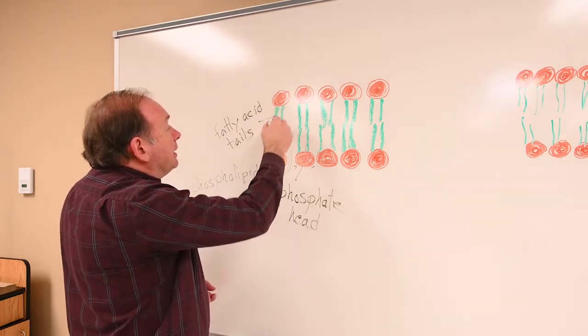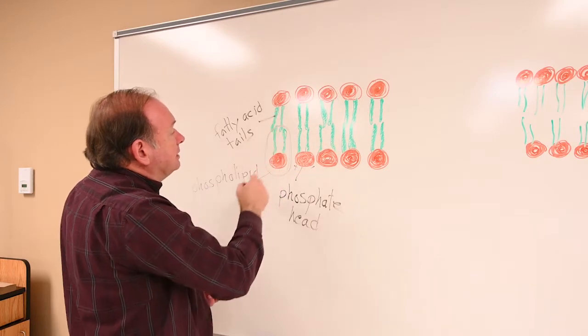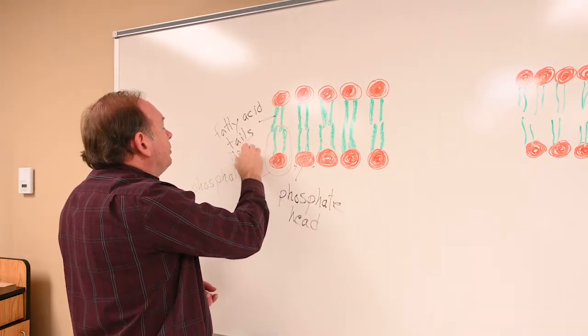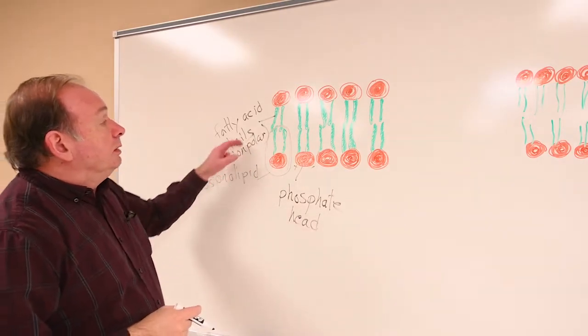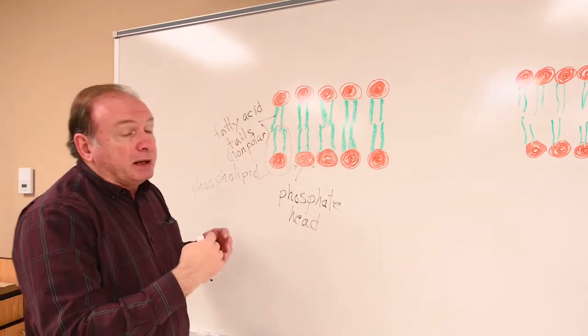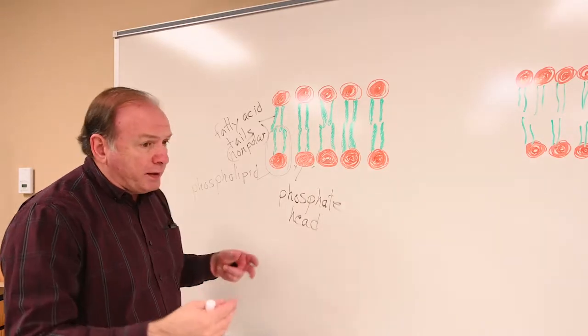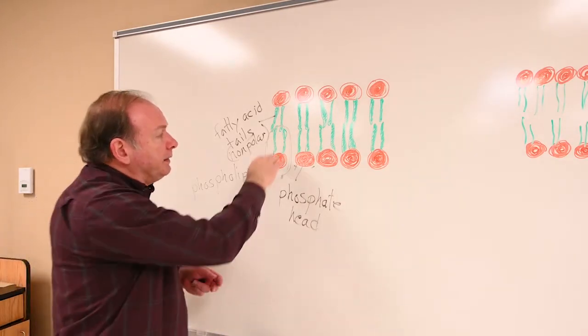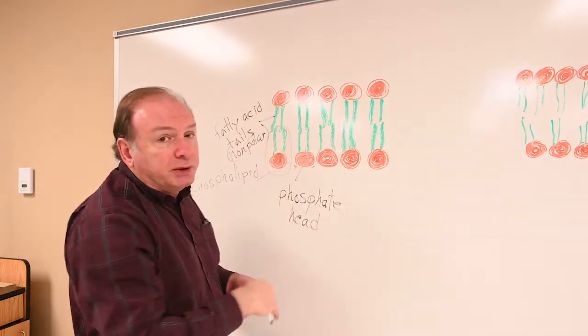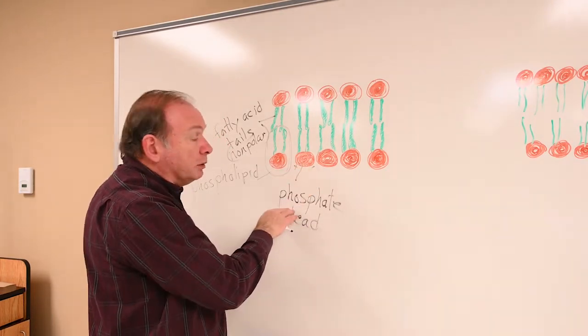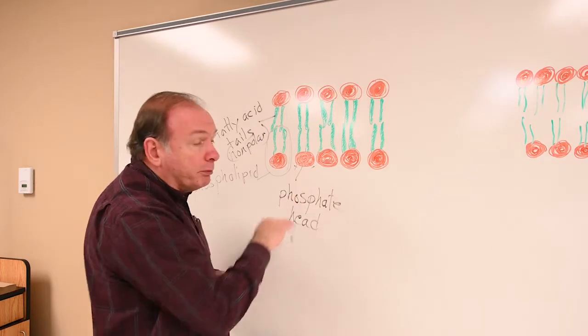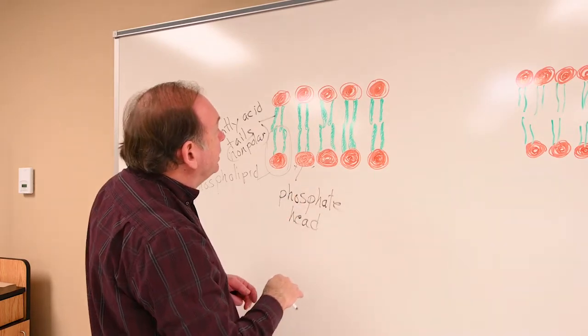So these are nonpolar fatty acid tails. Nonpolar fatty acid tails tend to make associations with each other. The same way that oil doesn't mix with water, these nonpolar elements do not make associations with polarized molecules or molecules with polarized regions on them.